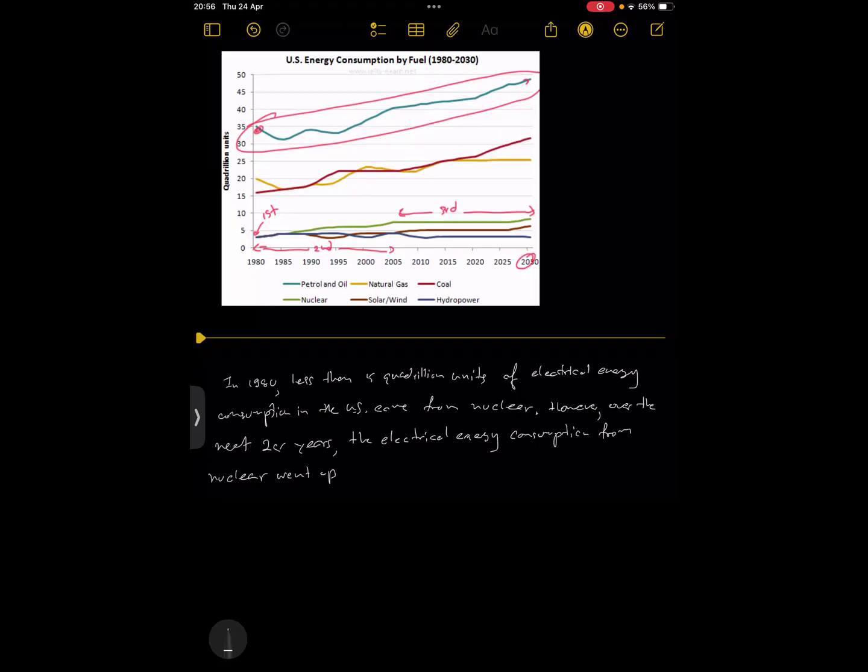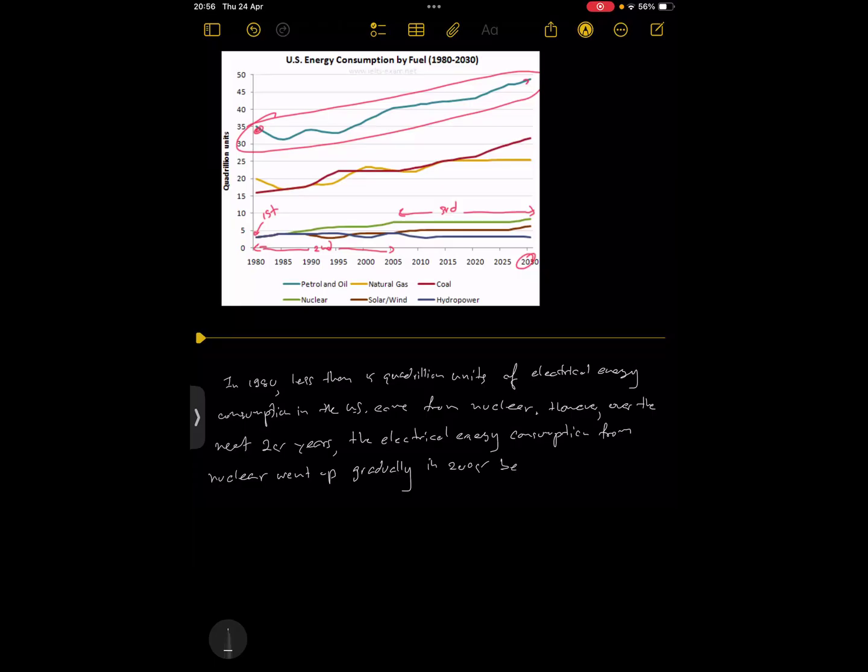But it's not so quick, right? It went up gradually. In 2005. And after that, it just remained stable, right?